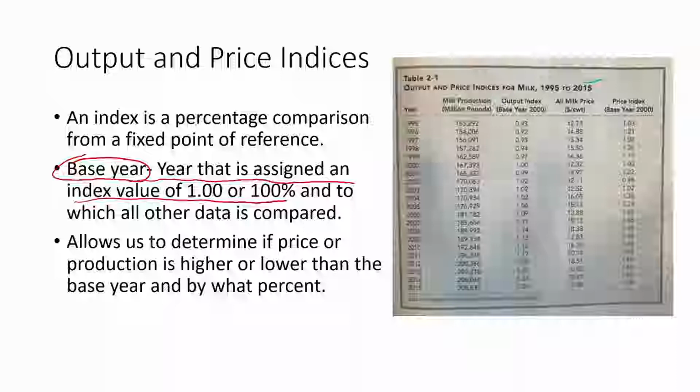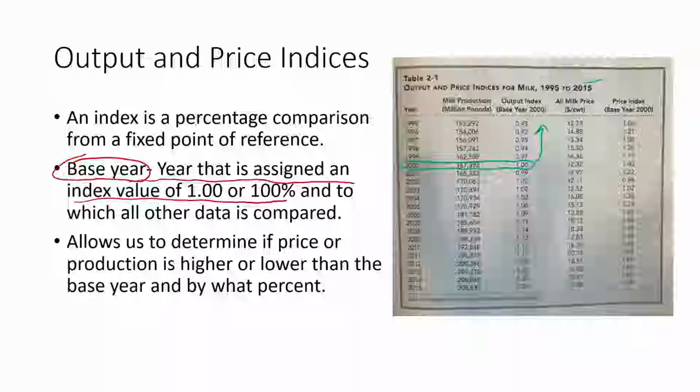How the index values for each year are calculated is pretty simple. Again, I'm going to highlight our base year, which is the year 2000. We know that's our base year because it has an index value of 1.00. And we can see that all of these years before 2000 have index values lower than that 2000 index value.